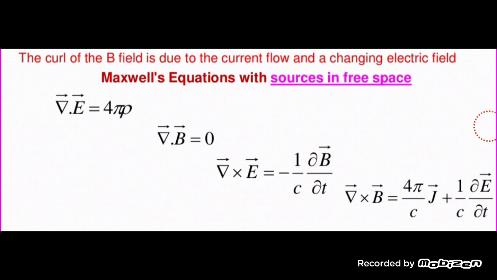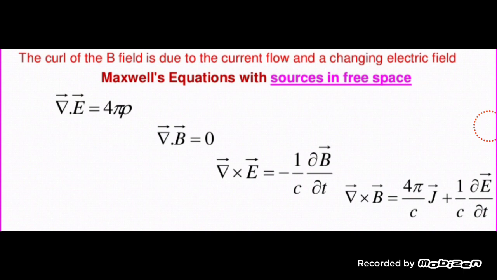Up to the last lecture we have studied about the four Maxwell equations which are given below. First equation of Maxwell is divergence of E is always equal to 4 pi rho when we are talking about free space.